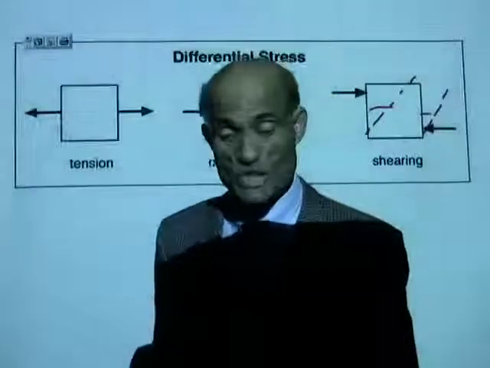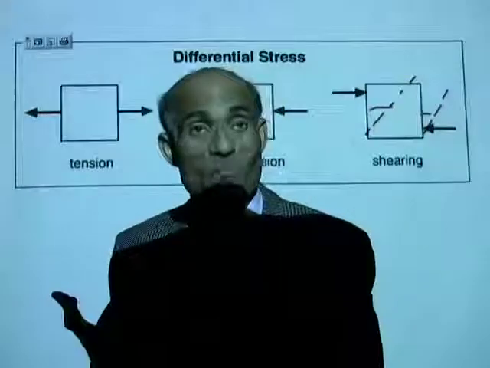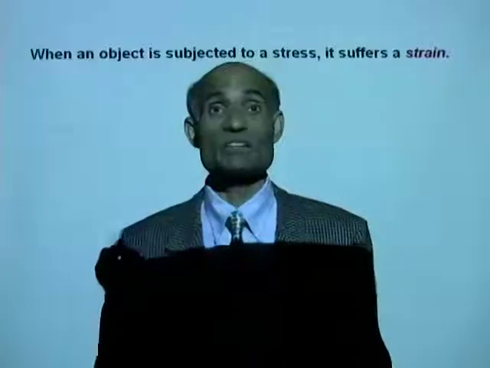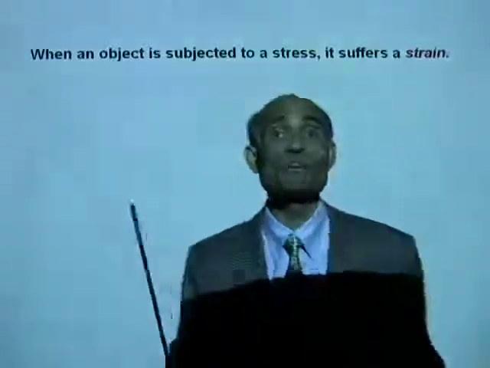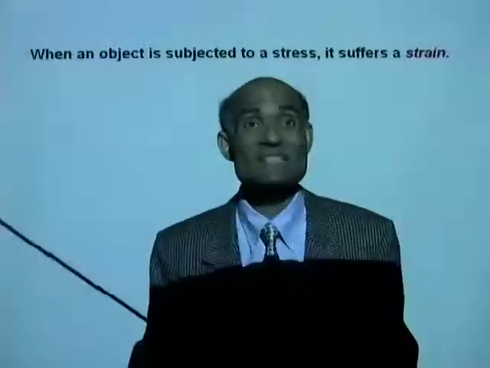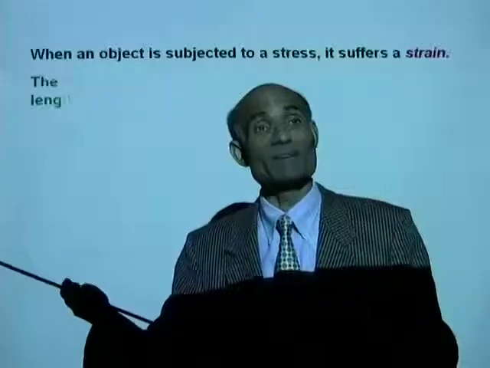Well, now the question is, if you have a stress acting on an object, what will that stress do? A stress will produce a strain on the object. When an object is subjected to a stress, it will suffer a strain.